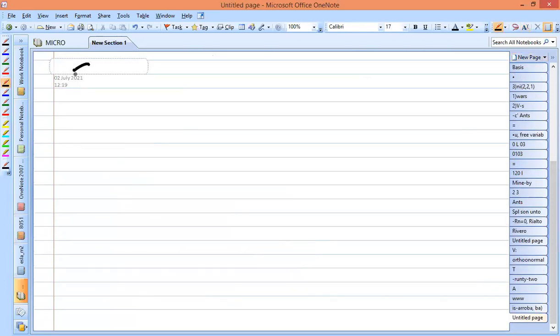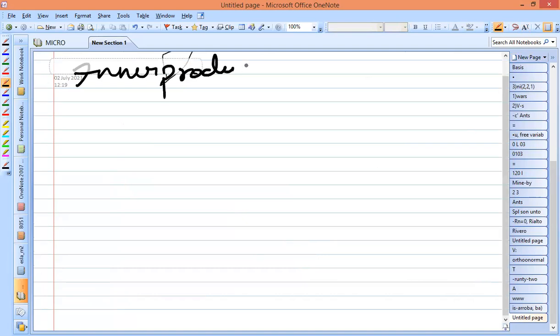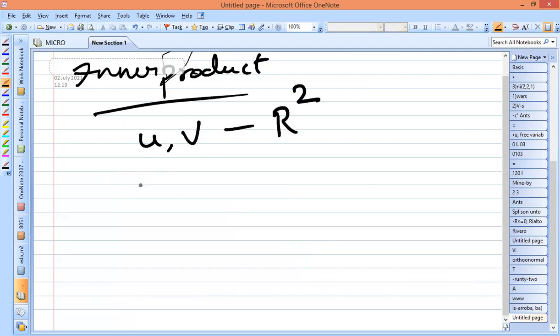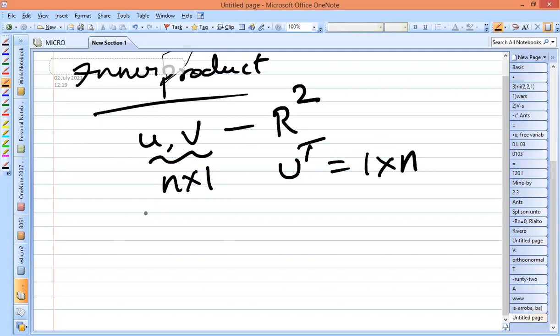In order to define the inner product, consider u and v as vectors in the R2 space, both of the order n into 1 matrix. When you write the equation for u transpose, it will be of the order 1 into n matrix. And the number u transpose v is called the inner product of u and v.